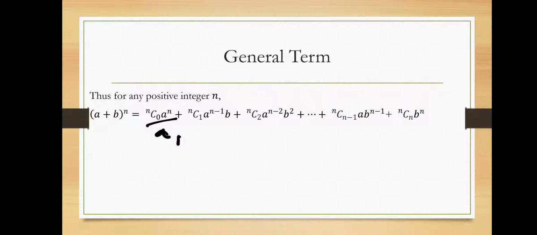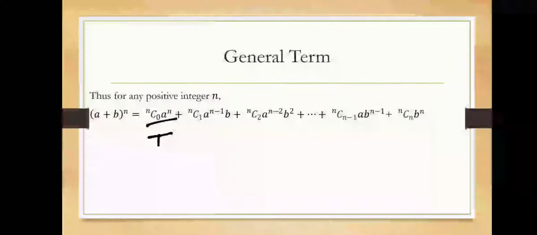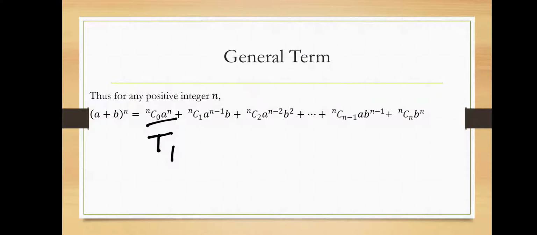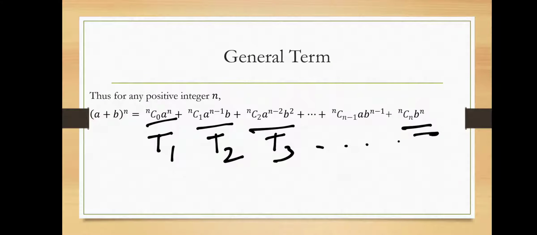So let me mark this as T1, that is the common way of denoting. This one is T2, this is T3, and so on it goes till the last one.